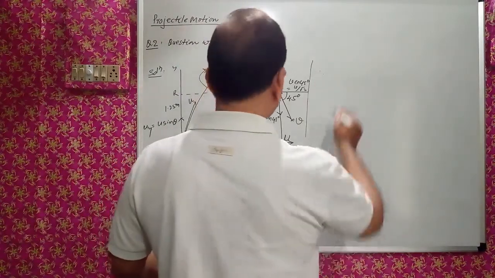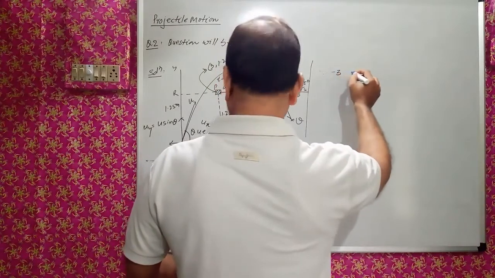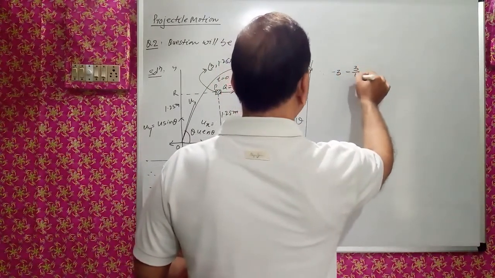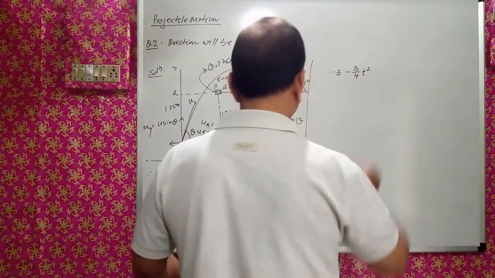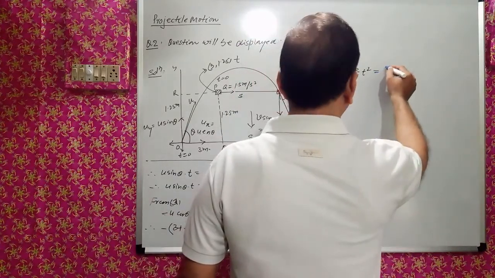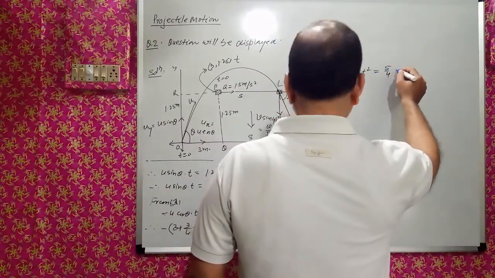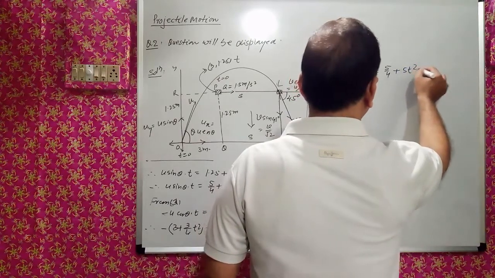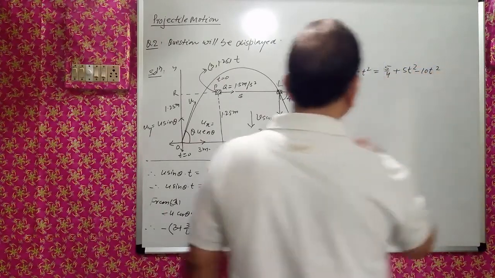Therefore, minus 3 by 4t square is equal to 5 by 4 plus 5t square minus 10t square.